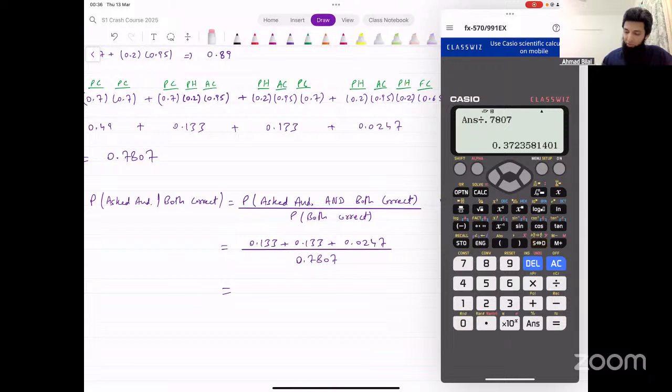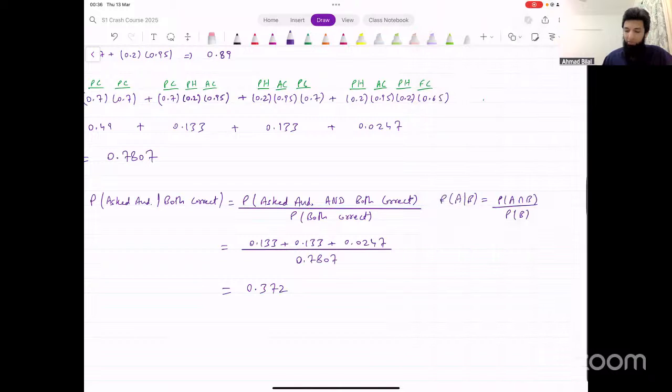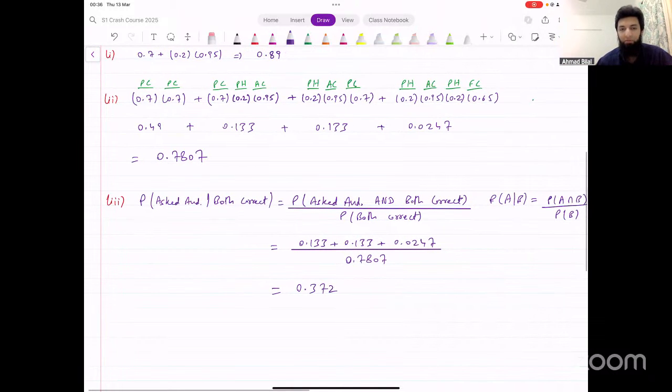That is 0.3723 or 0.372. Can somebody confirm this as well? 0.372. That's the probability that we're getting for the third part.